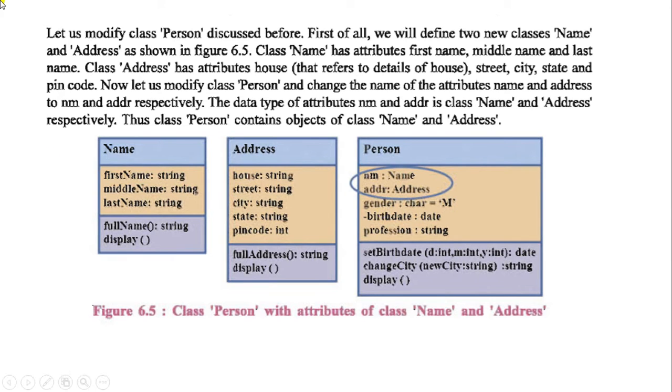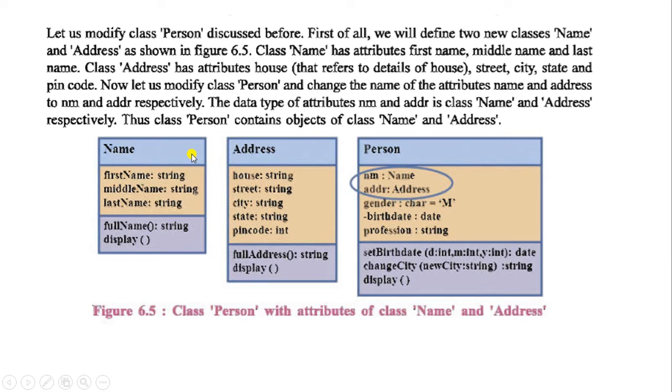So if you see in the person class, the name and address are mentioned over here. Name is a class and address is a class, so both are contained here. The data type of attributes nm and address is class name and address respectively.